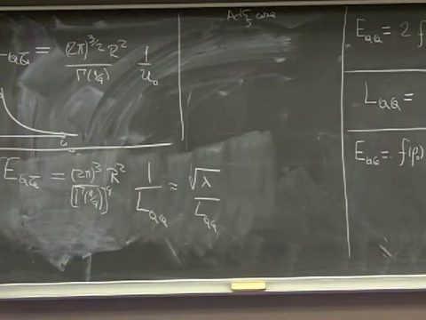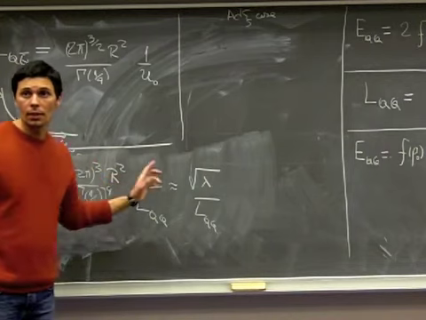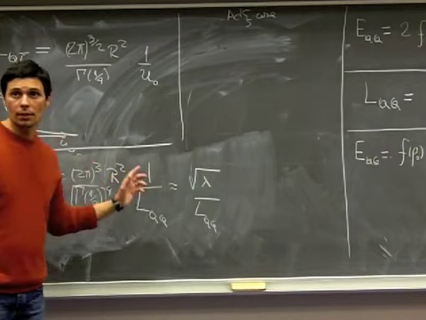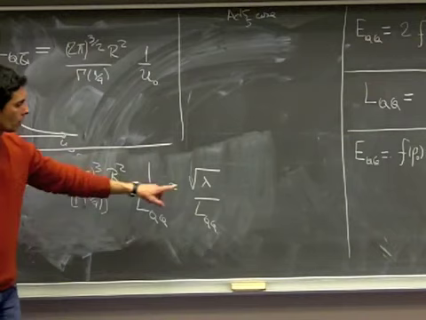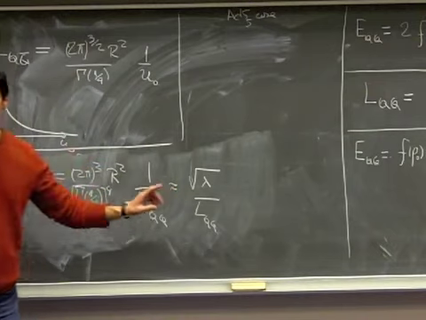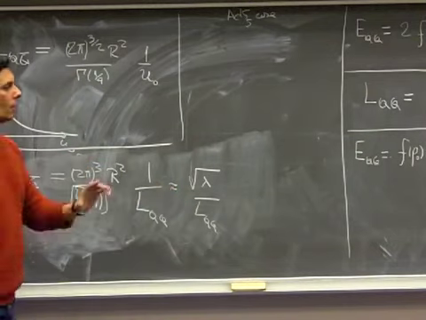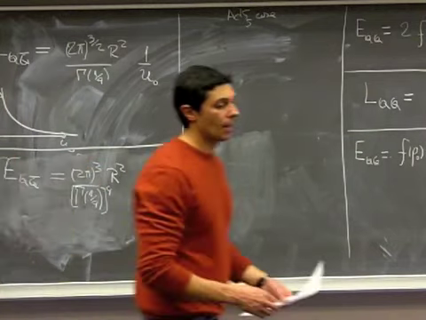Remember that the radius of the space to the fourth was related to the 't Hooft coupling. So up to factors of pi and the gamma function, this is going like the square root of the 't Hooft coupling divided by the separation. Okay, good. So there are many different physics comments that are worthwhile doing at this point.